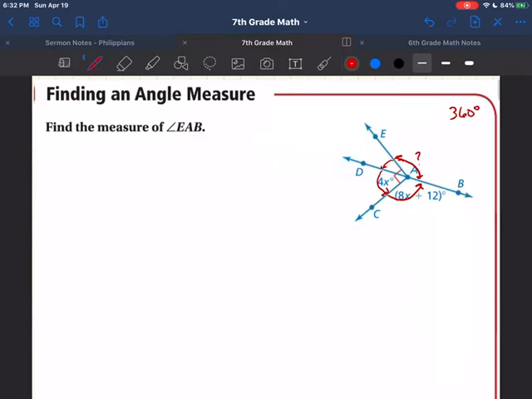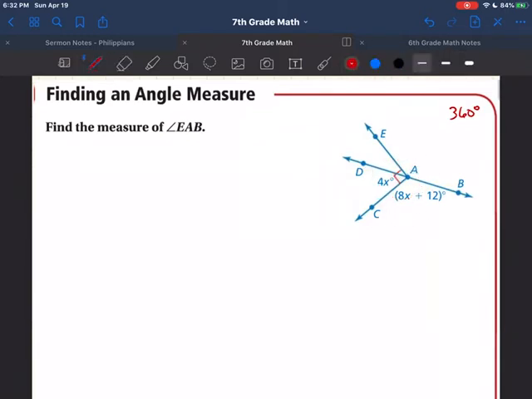So if I can figure out this angle, I know that this is 90 because of this. So if I can figure out what 8x plus 12 is, and then add 90 to that, then I can take 360 and subtract those two things. Okay, so that's what I need to do.